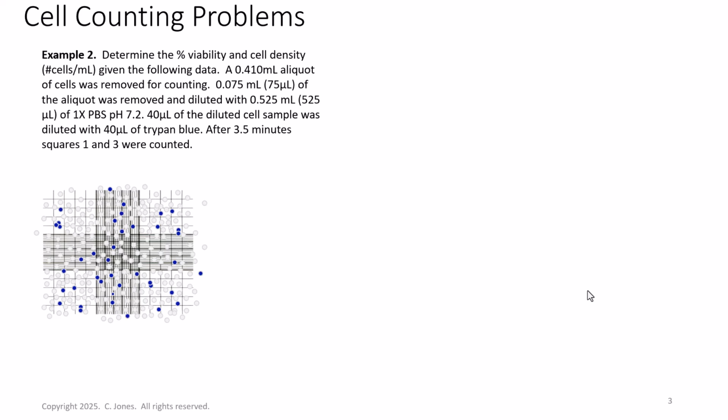All right. So we remove 0.410 mL, and of that 0.410 mL that we removed for counting, we then took 75 microliters of cells out of that aliquot and diluted that with 525 microliters of 1x PBS, right? So we had our original tube that we put the 0.41 mL in.